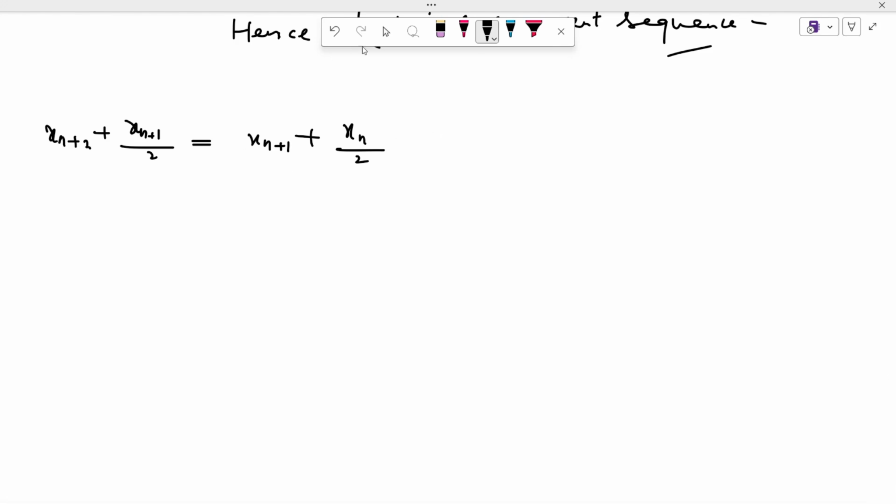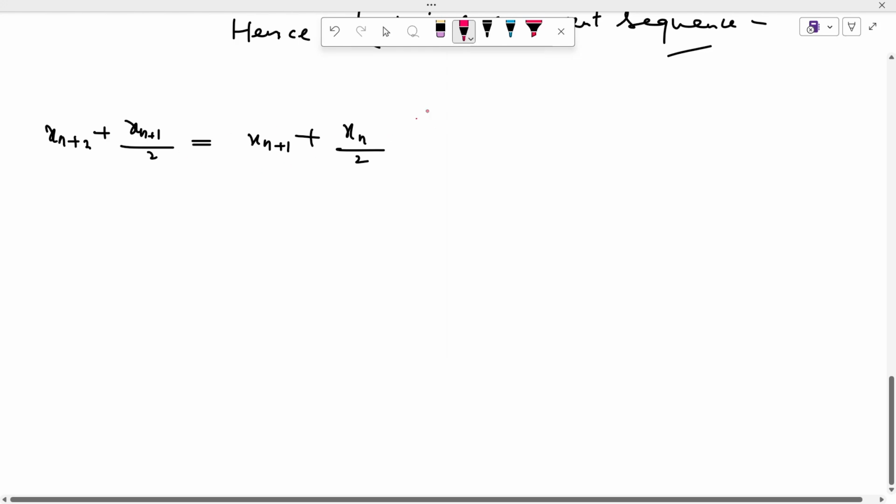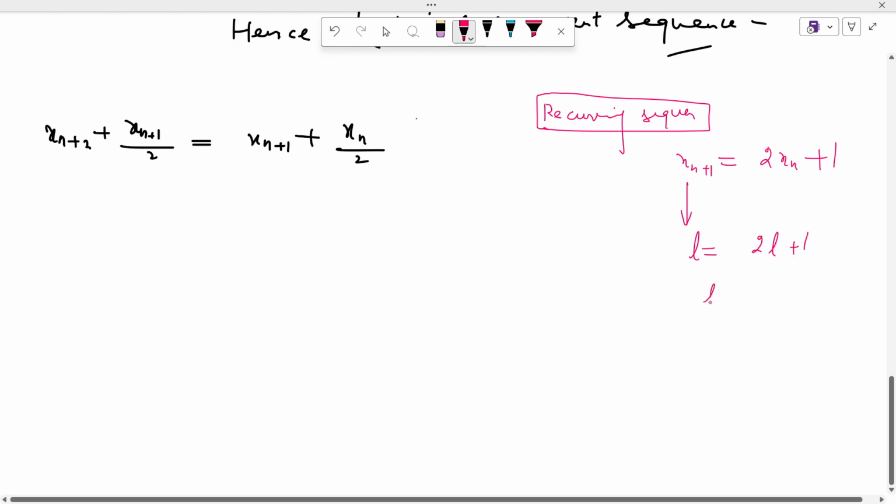Earlier, recurring sequences were solved by just taking the limit. Suppose x(n+1) is equal to 2 times x(n) plus 1, and suppose it is a convergent sequence, and take the limit. If the limit is L, then L equals L plus 1, so L is equal to minus 1. Solve this equation. But it is a recurring sequence.